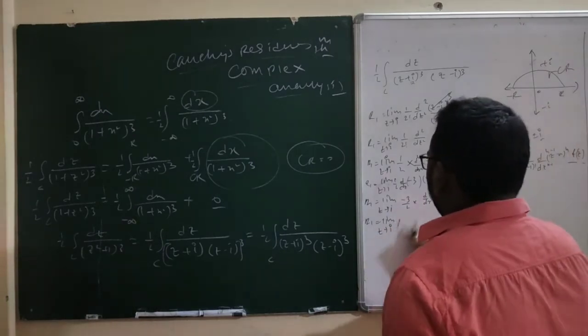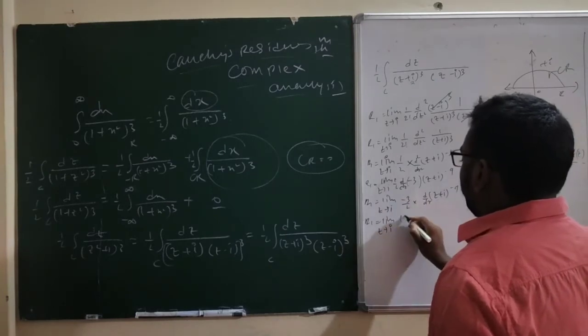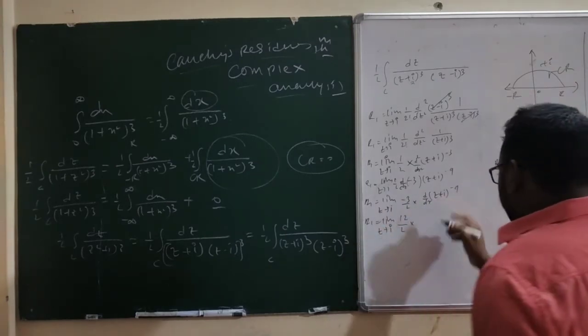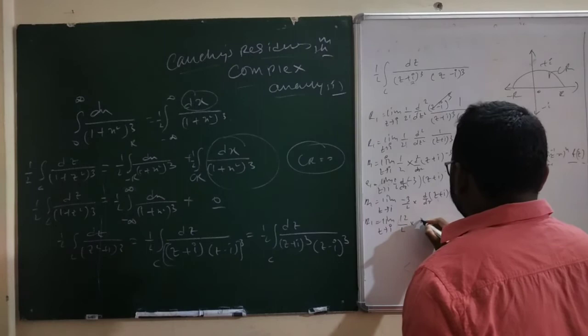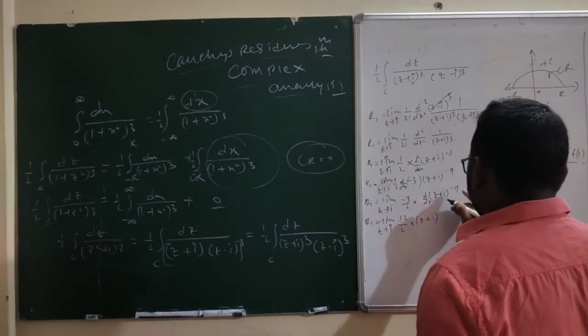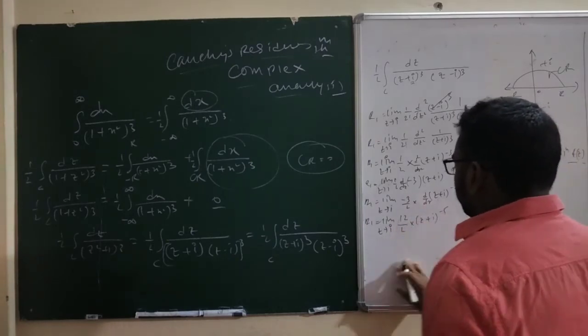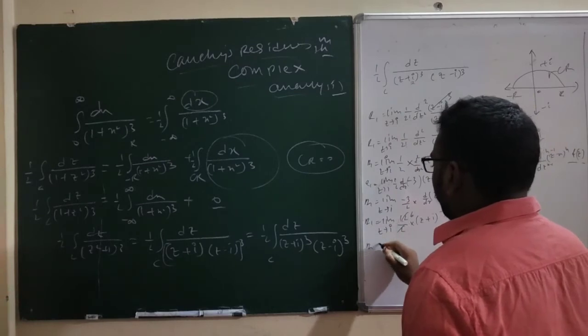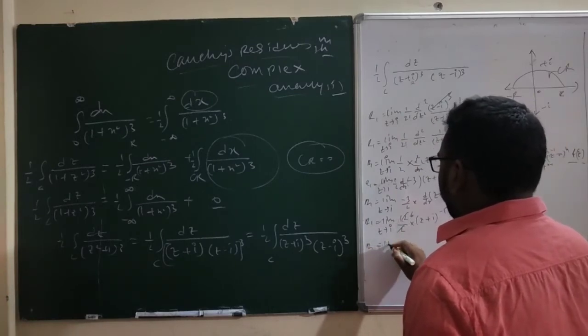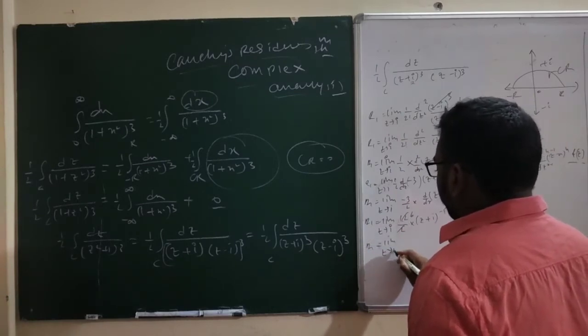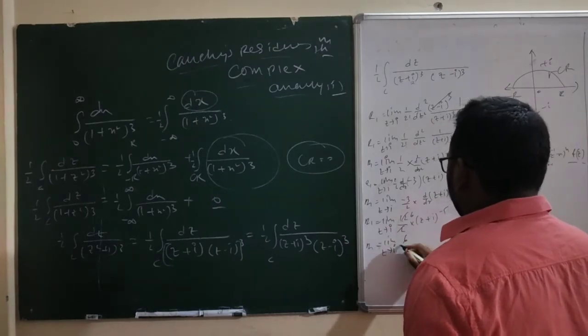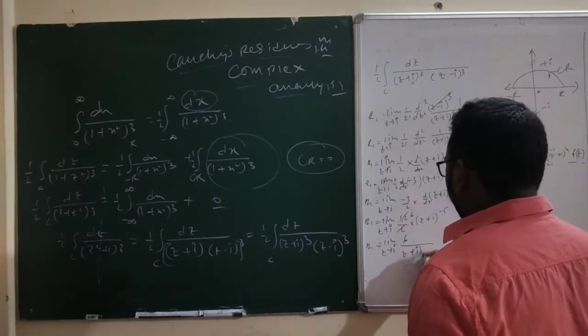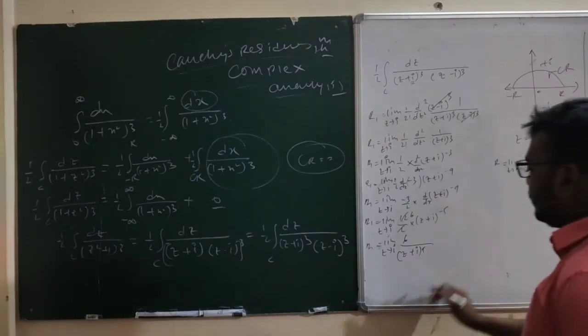Minus and minus is plus, so 12 by 2 into (z plus iota) to the power minus 4 minus 1, which is minus 5. So it will be 12 by 2, R1 is equal to limit z tends to iota of 6 upon (z plus iota) to the power 5.